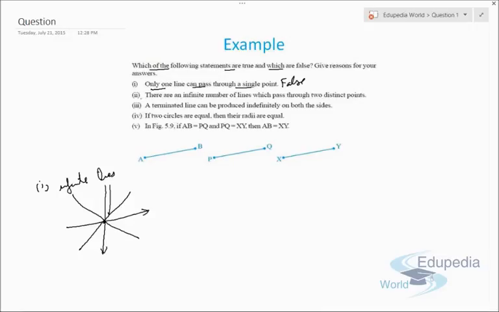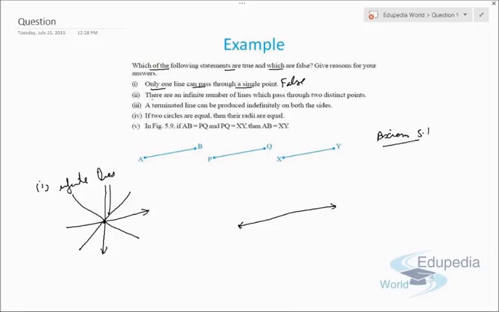Now the second statement is, there are an infinite number of lines which pass through two distinct points. Now suppose we have two distinct points like this. According to the Euclid postulate we have discussed, or we can say axiom number 5.1, you can refer to the book, if we have two distinct points, then there is only one unique line that can pass through these two points.